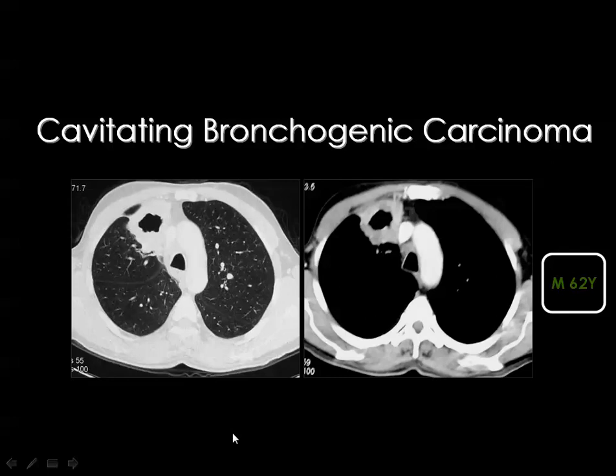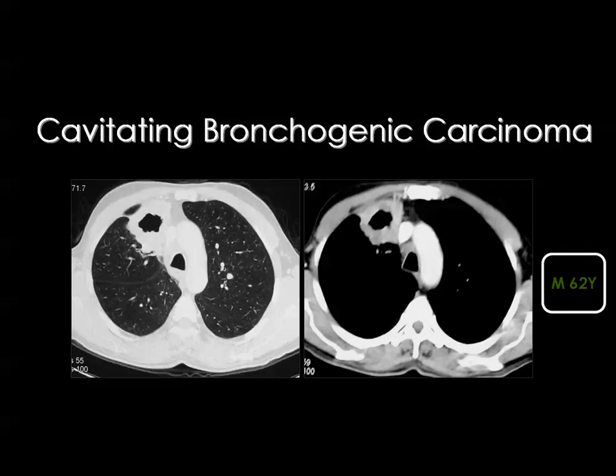Then you remember that I have said in the lecture of chest x-rays that a cavity with a thick margin containing air may represent an abscess or a cavitating bronchogenic carcinoma.